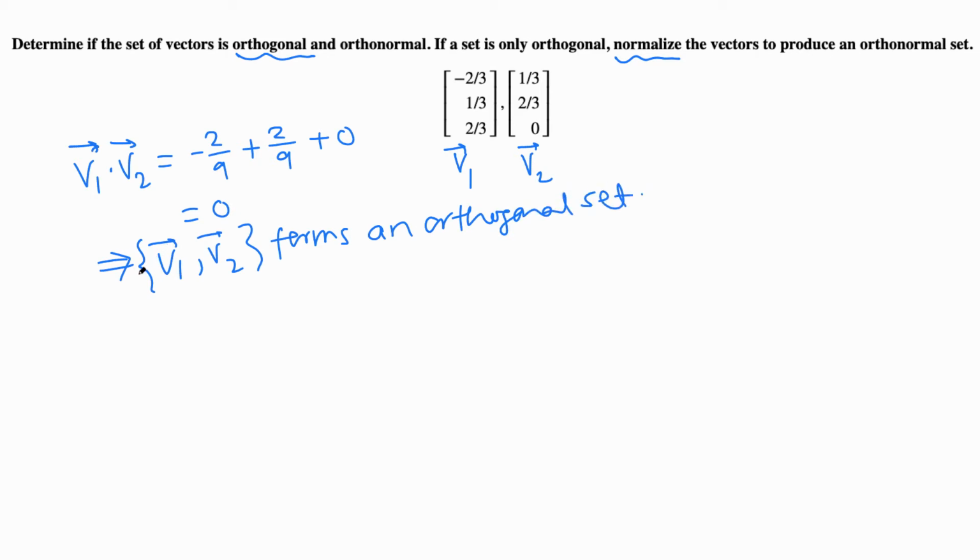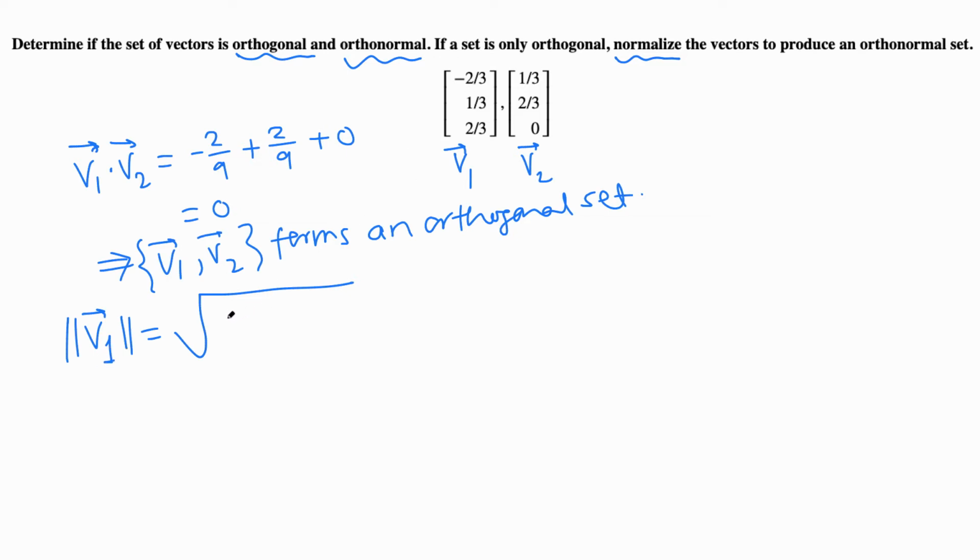Okay, next we check whether they are orthonormal as well. So let's find the norm of v1. Just to check, we could have used v2, but let's find v1 and v2 as well.